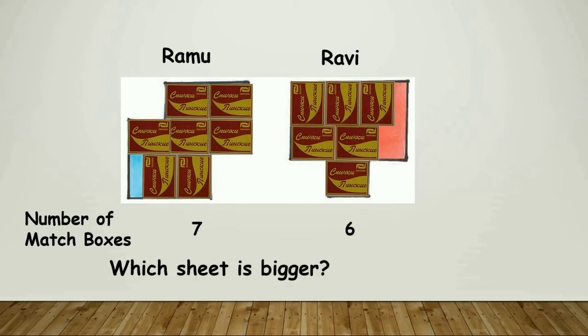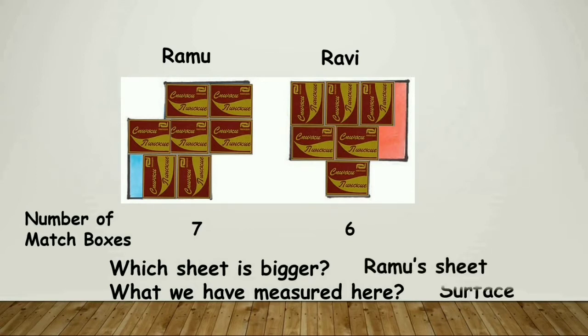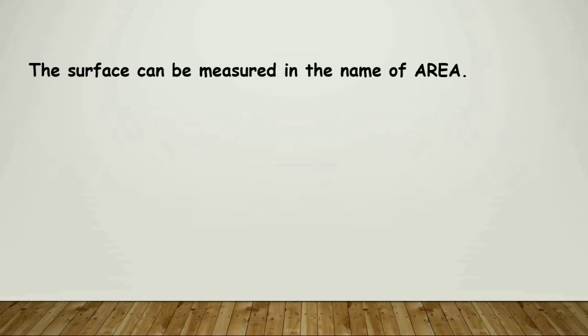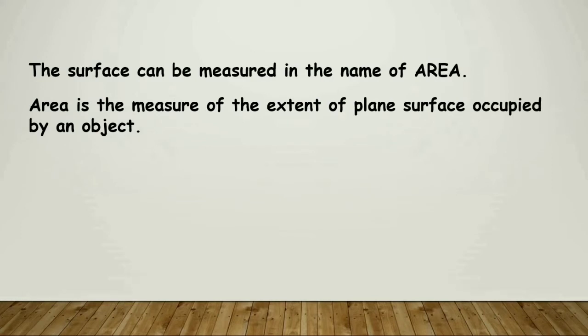From this, which sheet is bigger? Yes, definitely Ramu's sheet is bigger. And what have we measured here? We measured the surface covering. So the surface covered can be measured, and it is called area. Area is the measure of the extent of plane surface occupied by an object.